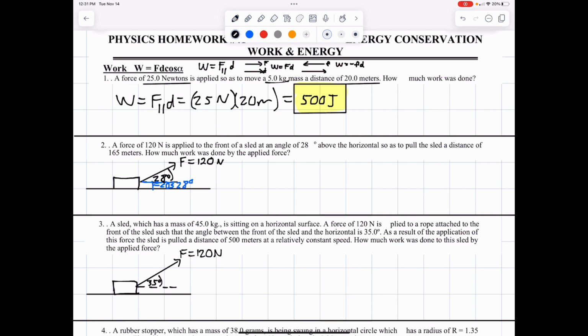Okay, so we could look at this one of two ways. We can go work equals force cosine of 28 times the distance. There's your parallel component of force, right? Or you can simply reorder these and just write it as work equals force distance cosine of 28. As you can see, they're the same thing. So it doesn't really matter what you choose to use. Okay, work equals force times distance times the cosine of the angle.